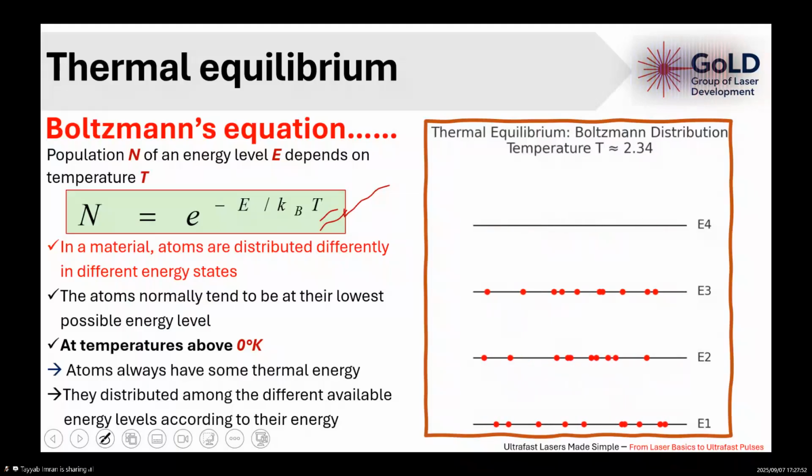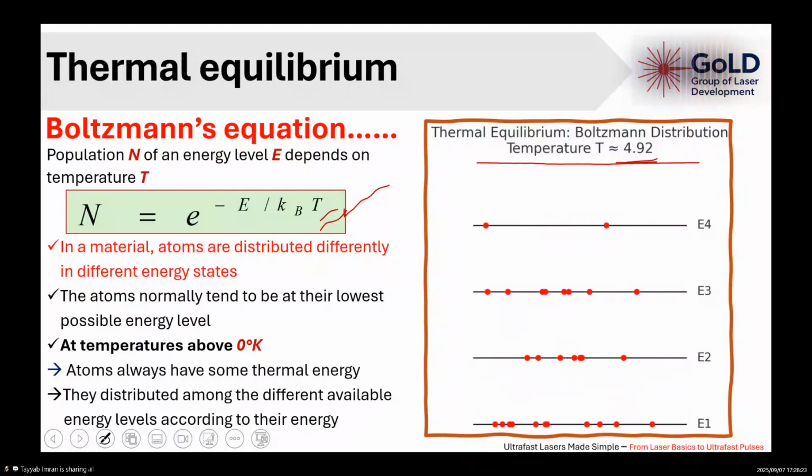So increase the temperature, and what will happen? We'll show you in the next slide here. So in this animation, you can observe the temperature is changing here. Okay. And this equation is also called the Boltzmann distribution or something like this.